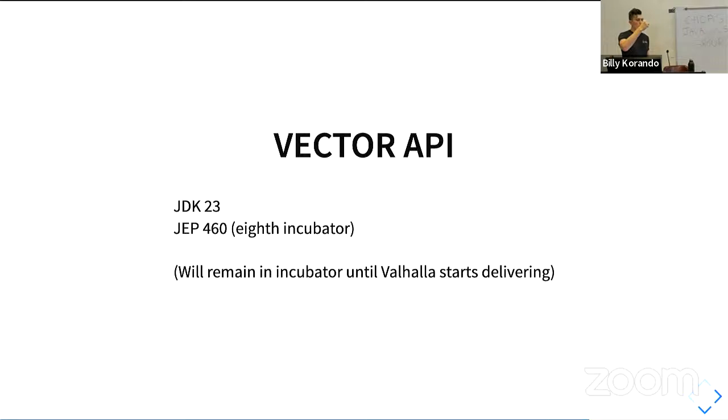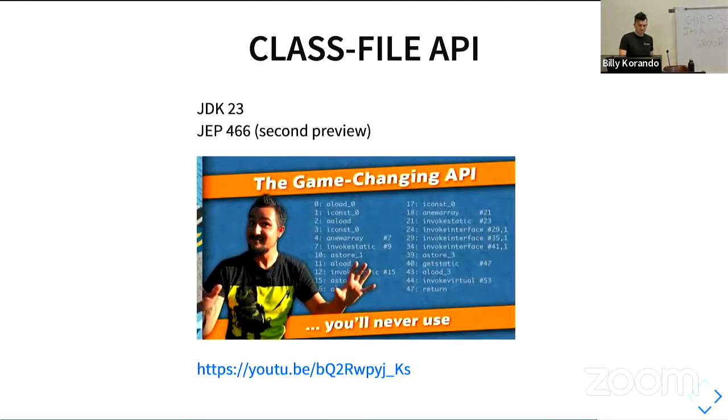There may be a specific time within an area, but overall the concept of June 20th is atomic, so you don't need to really have identity associated with that. So Valhalla is allowing you ways of removing identity when you don't need it, along with a lot of other changes, but that would fundamentally impact the Vector API. So until Valhalla starts delivering, the Vector API will remain in incubator status.